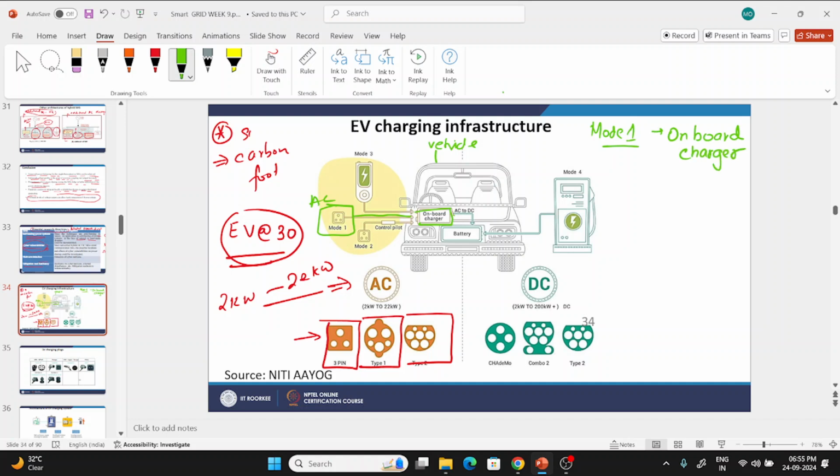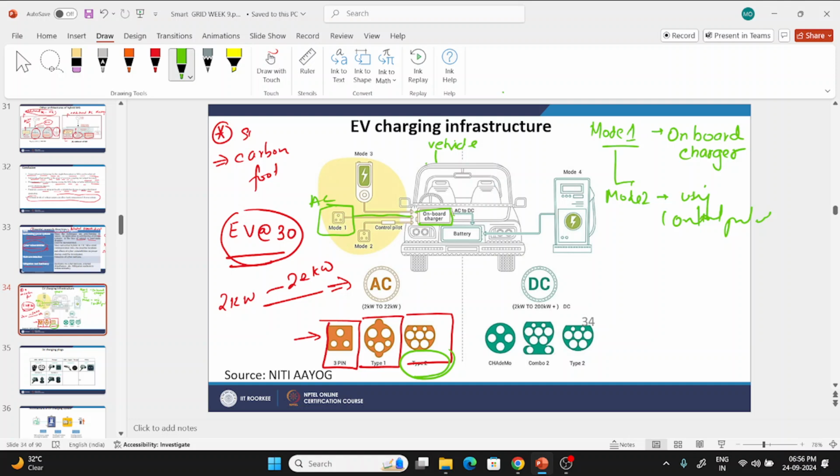In mode two, there is a control pilot, and it is the same as mode 1, but the charging is done using the control pilot. In mode 3, the charger pins are like this. It also charges using the onboard charger, and the battery gets charged.